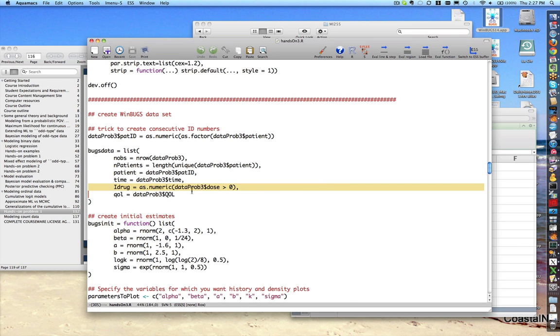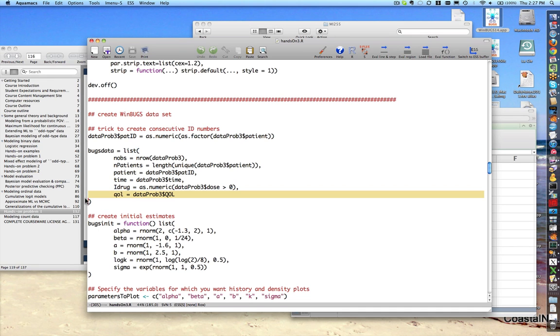You can see I've used a little bit of a trick. It does a logical statement here which generates a logical term, which under the hood is essentially a 0 or a 1, and converts it to a numeric, so it gets passed as an appropriate numeric to WinBUGS. And then finally our quality of life score going in here, and that's our data set.